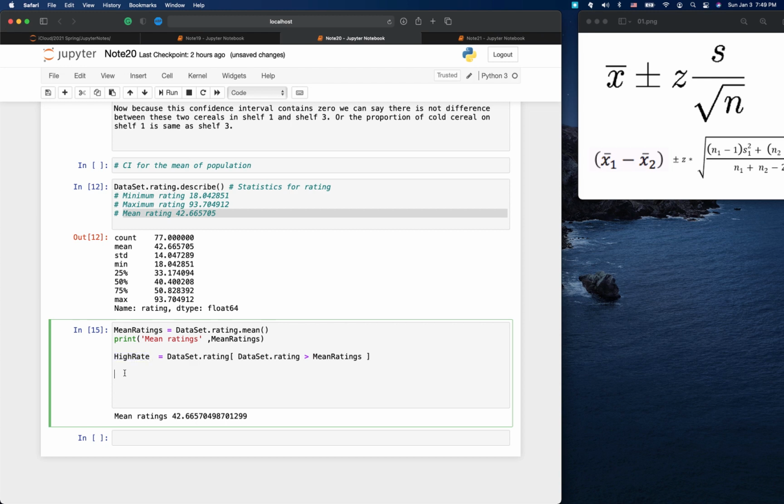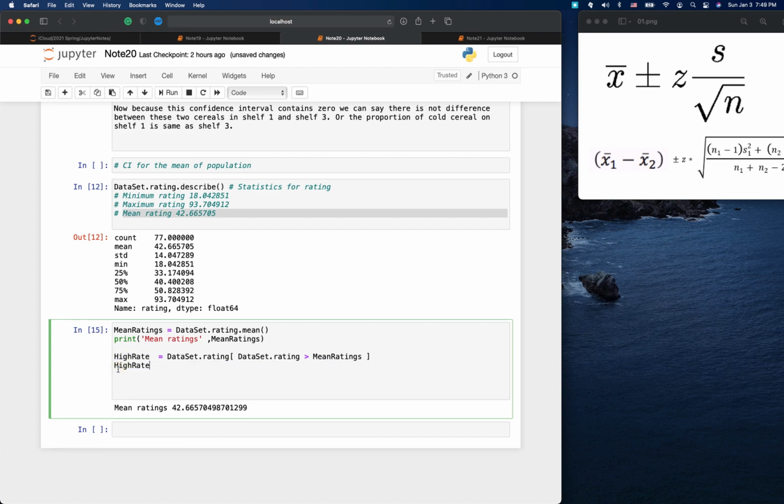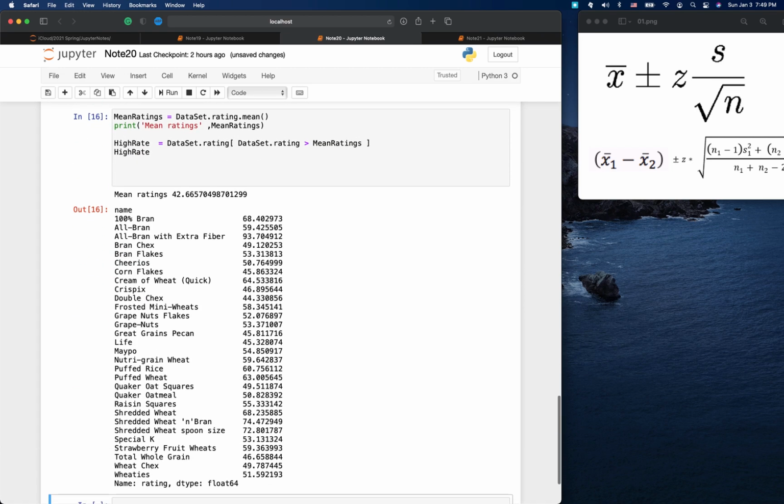This is the group of cereal that has a higher mean of rating. So these are all the ratings for these cereals.